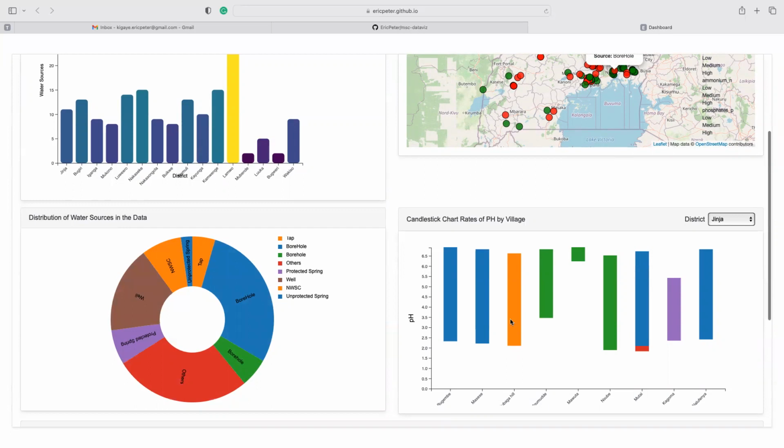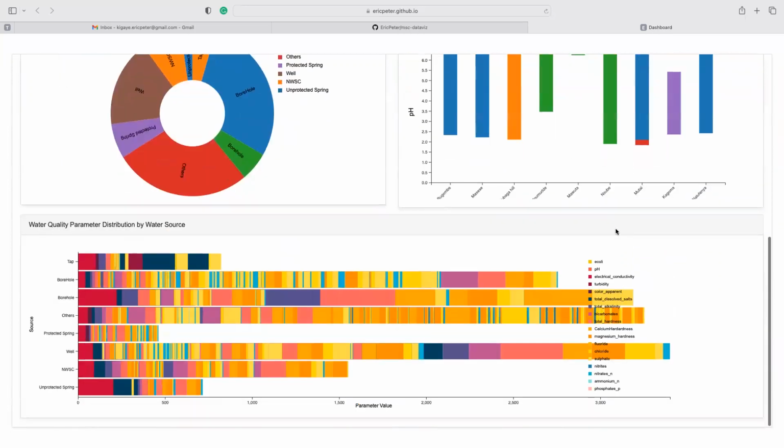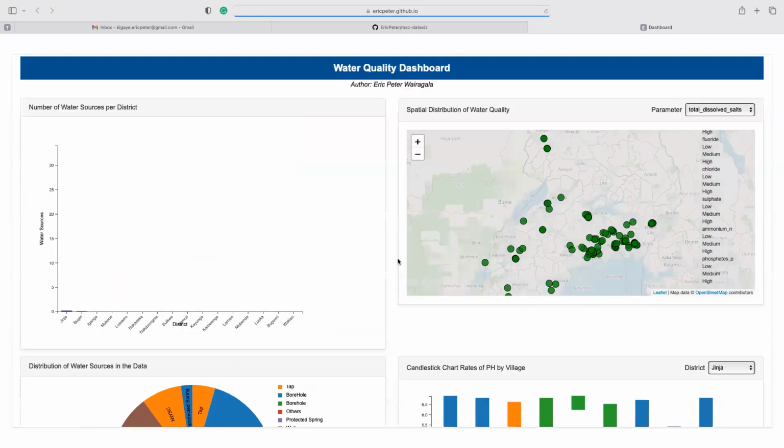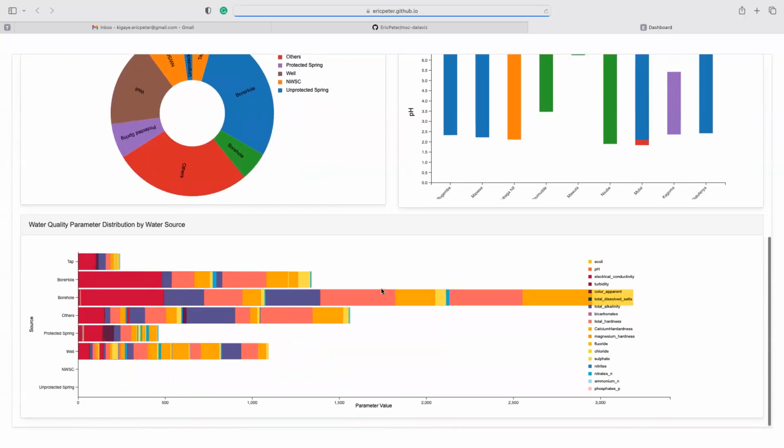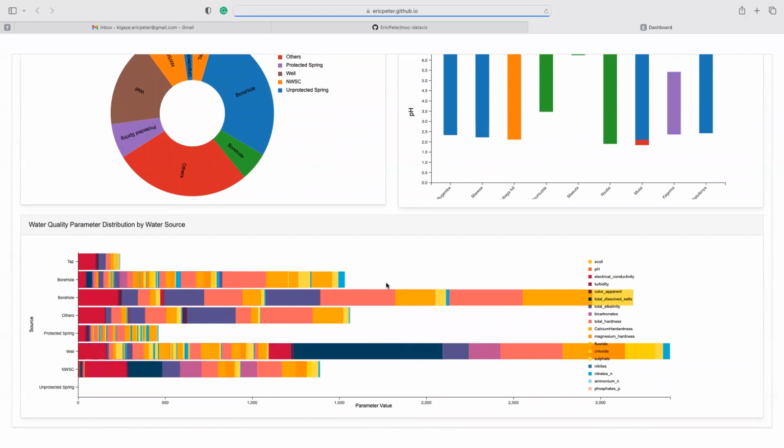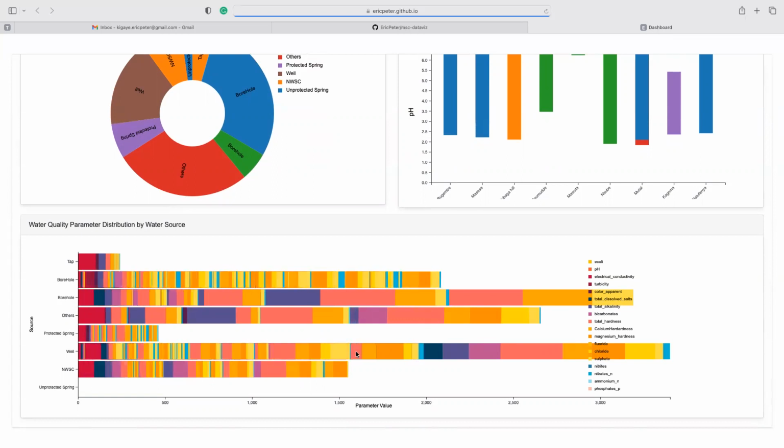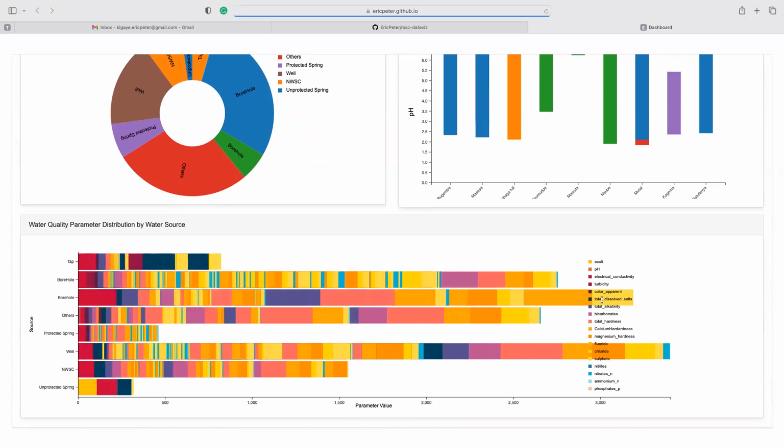Now, to look at the distribution of the parameters of water quality amongst the water sources that are represented in this case, we plot a stacked bar chart that traces a bar race chart that helps us to understand that most of the data has a lot of dissolved salts.